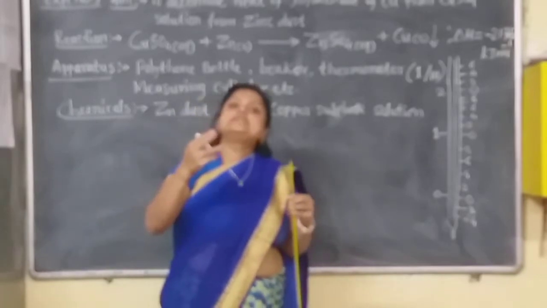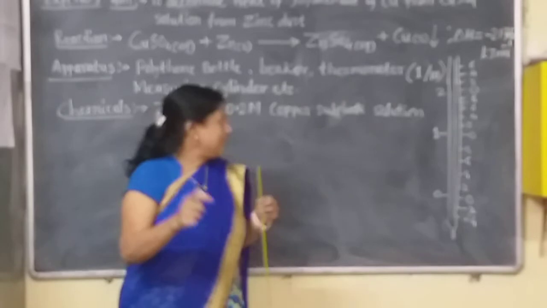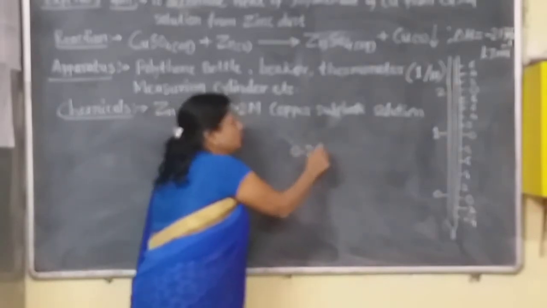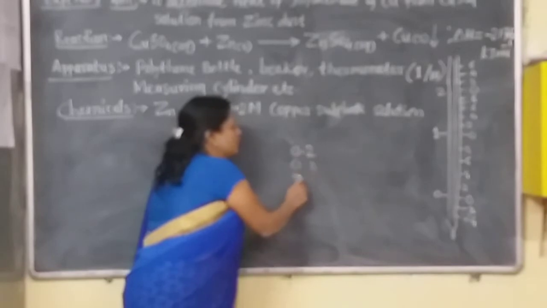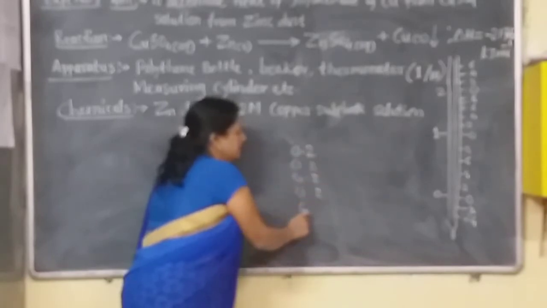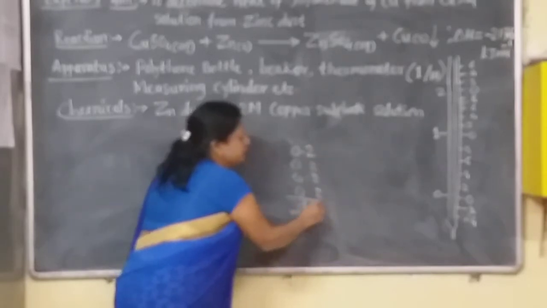So every line is 0.2: 0.2 plus 0.2 plus 0.2. In this way, the fifth line becomes 1.0, that is 1 degree.